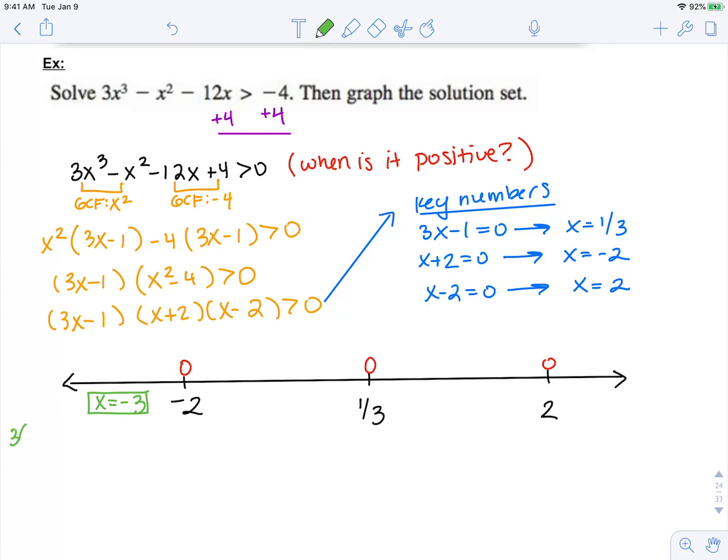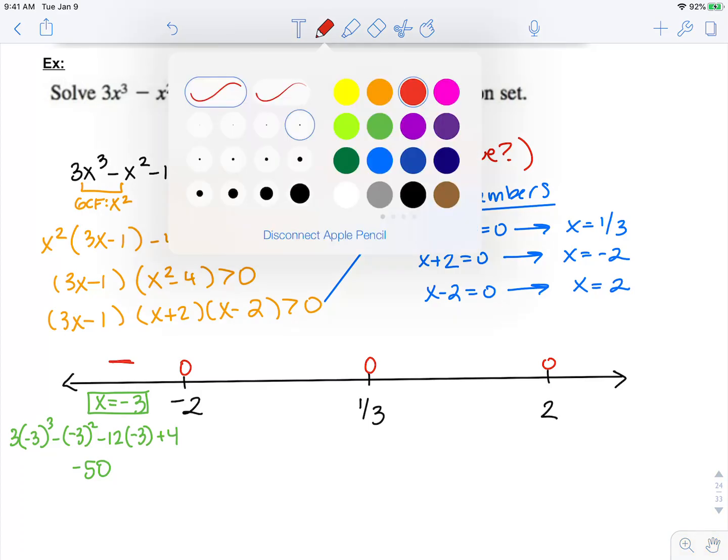So I'm going to plug that into my original polynomial, which I'm trying to make greater than 0. Remember, you can plug this straight into your calculator and you should get -50. So that means in this interval, my polynomial is negative. Or you can put the negative symbol if you prefer instead of words.